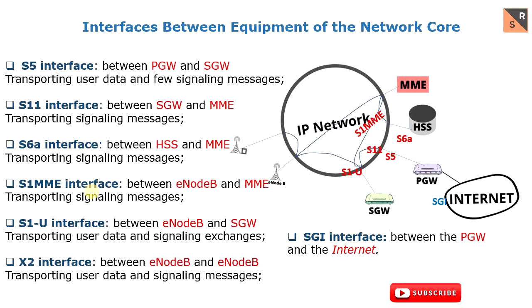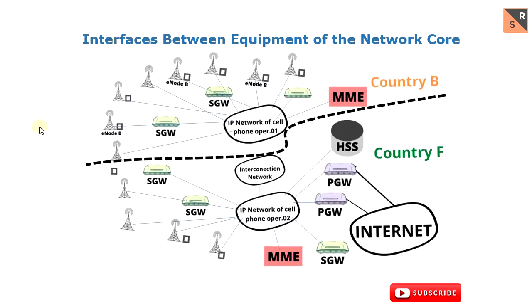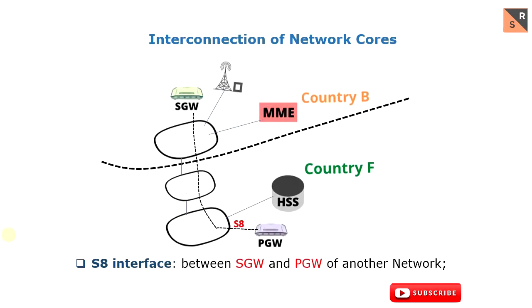Now let's look at the interconnection of various mobile networks. This is the principle of international roaming. I'm a citizen of country F and I go to country B. I will be taken care of by a local eNodeB, a local S gateway, and a local MME. Because we are staying inside the network, we have the same interfaces that we have just seen.